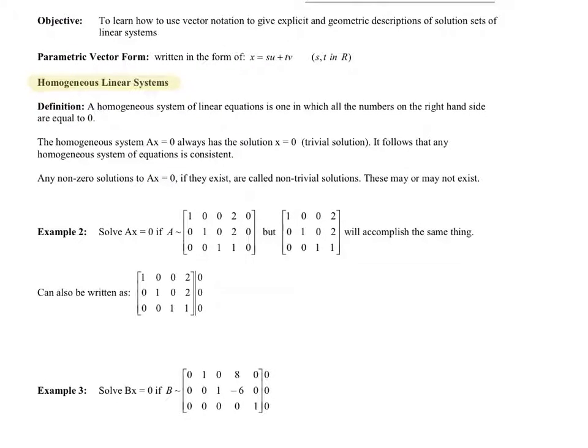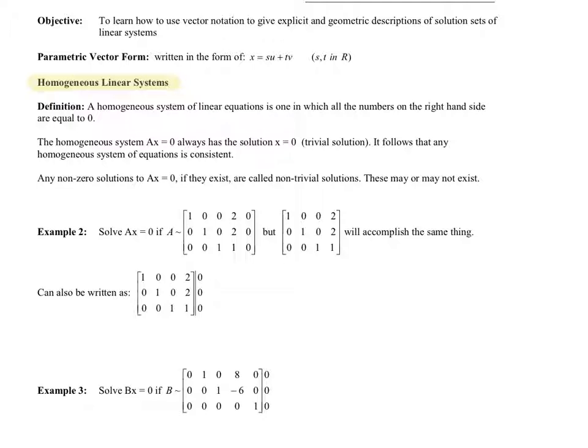So a homogeneous system is one in which all the numbers on the right-hand side are equal to 0. Okay, that's an oversimplification, but it's a good working one because if you look at this matrix right here, you see the last column is all zeros. All right, so it's easy to identify visually.